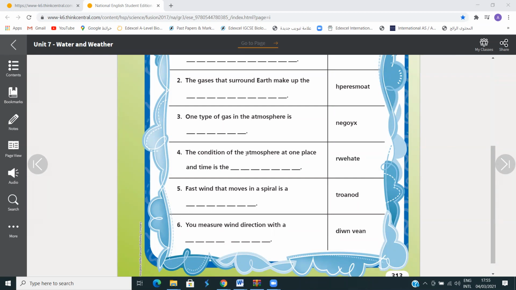The atmosphere condition at one place and time is the weather. Excellent, mashallah, Ahmed. The condition here is the weather. Thank you. You are very welcome, Ahmed.